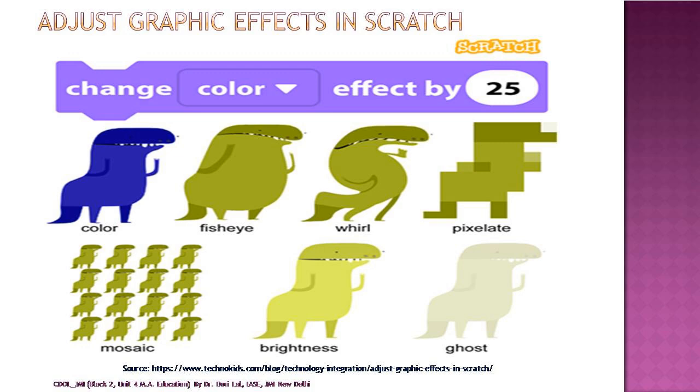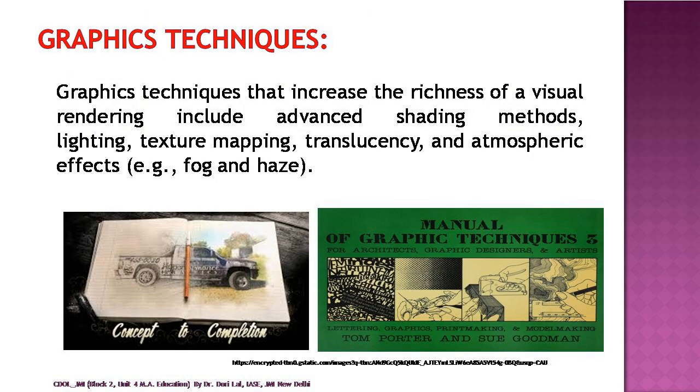Now we move towards understanding the concept of graphics techniques. Graphics techniques increase the richness of a visual rendering, including advanced shading methods, lighting, texture mapping, translucency, and atmospheric effects.